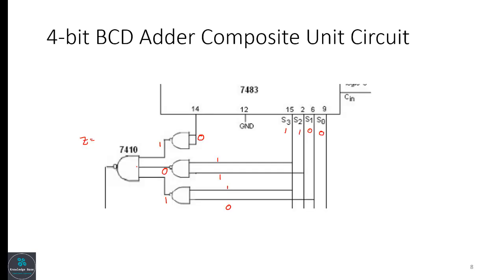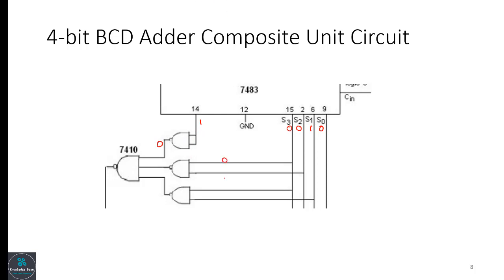Now let us put that value into this one. Here carry out is 1 and the result is 1 0 0 1 0. So here carry out is 1. So here I will get 0. Here I will get 0 0.